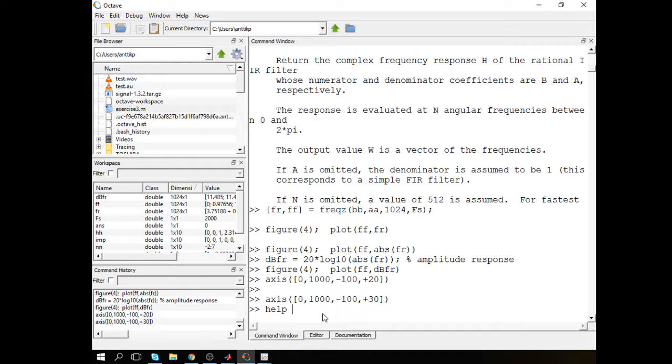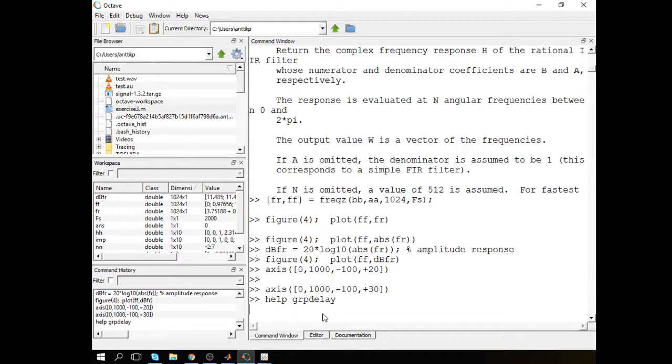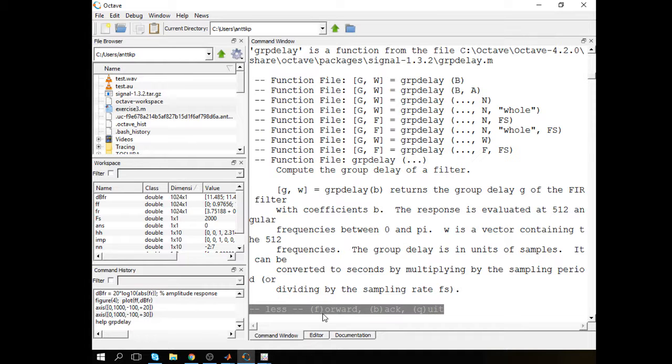Check it. Help group delay. Okay. So it actually shows the group delay, and the usage is the same as on frequency response. Good.